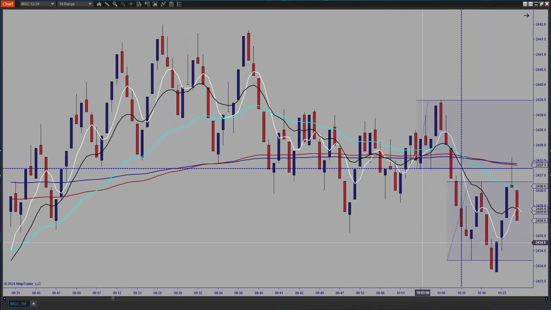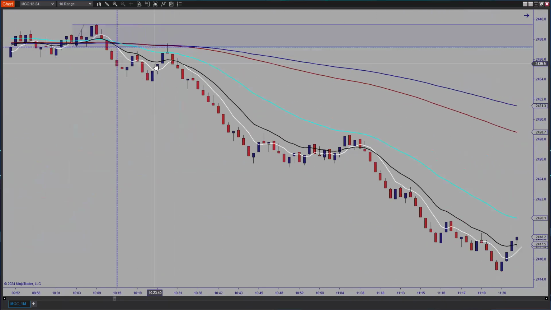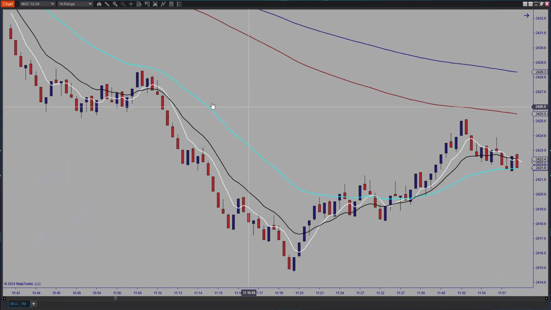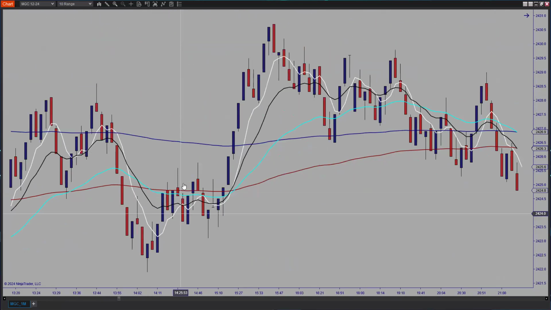Not this one, because you see how it came down and came right back up. These haven't even gotten any separation yet, and that zone is already tested. So at this point, I'm going to say don't mess with it. If it comes back and tests it right away, just stay away from it. Wait for the next one.